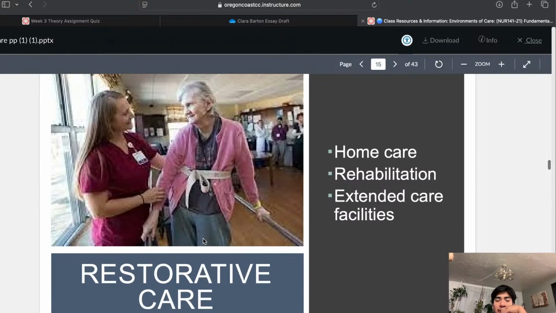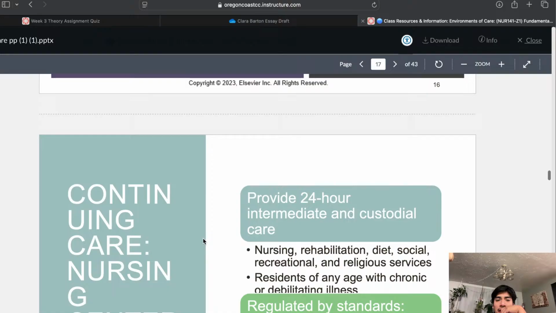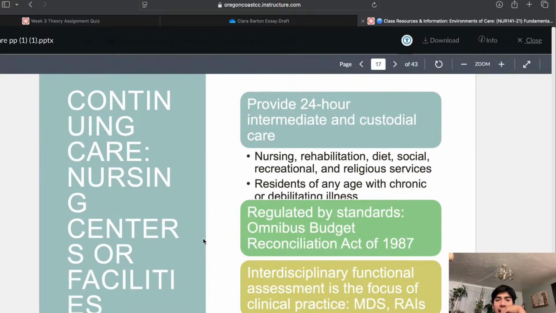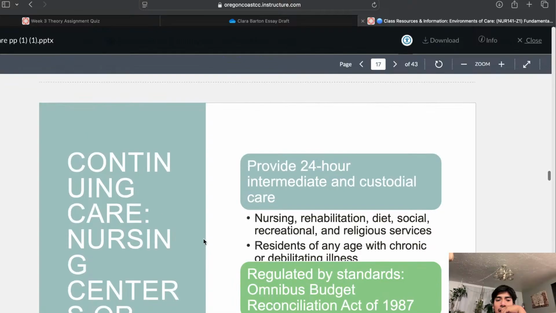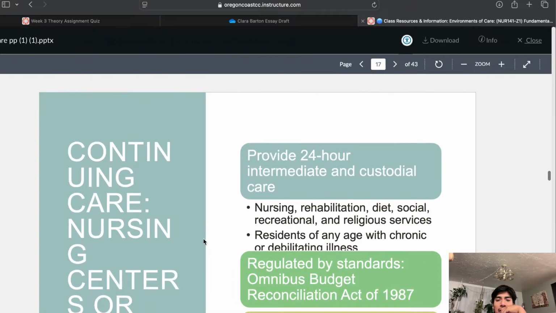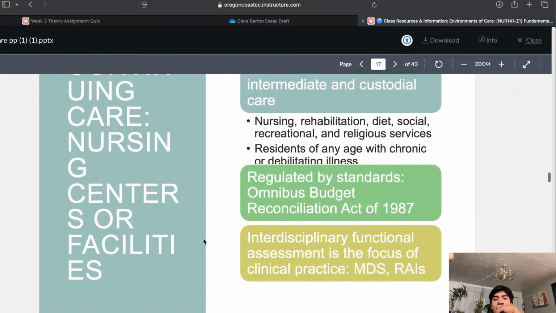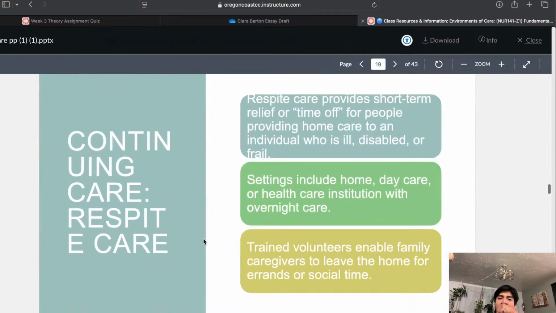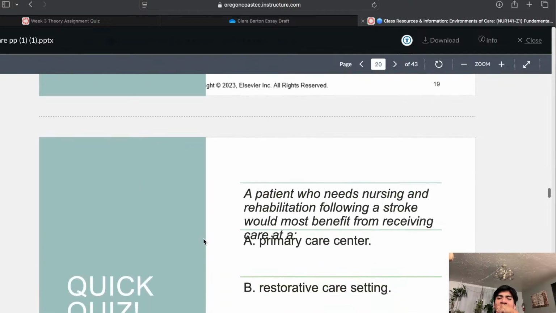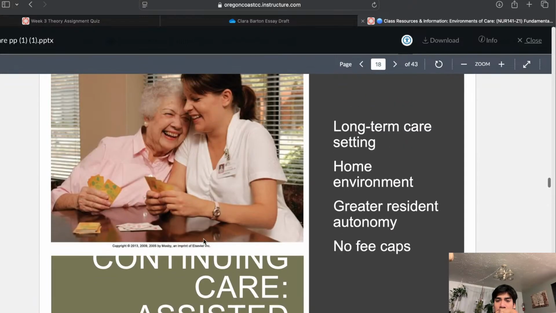Restorative, home care, rehab. Continuing care. Oh yeah, daycare, respite.